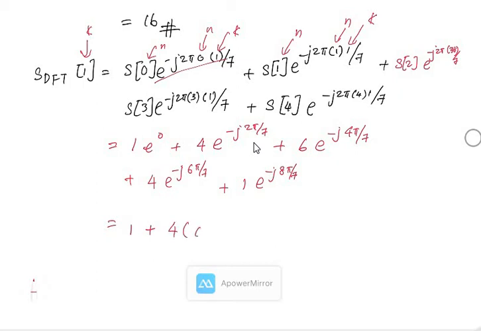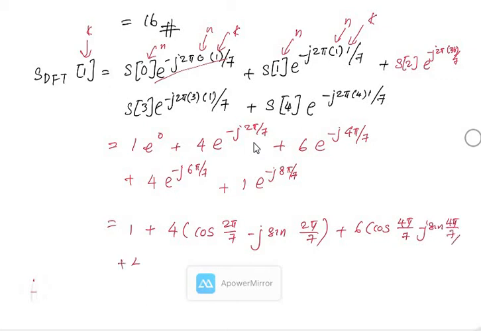So I have 4 cos 2 pi over 7 minus j sine 2 pi over 7, plus 6 cos 4 pi over 7 minus j sine 4 pi over 7, then plus 4 cos 6 pi over 7 minus j sine 6 pi over 7, plus 1 cos 8 pi over 7 minus j sine 8 pi over 7.